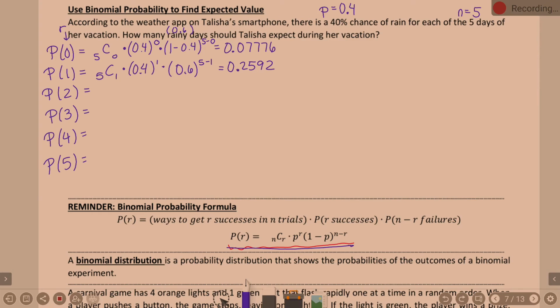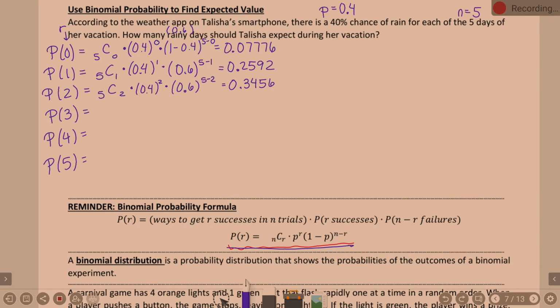That gives 0.2592. Repeat for 2 days: 5C2, 0.4 to the second, and 0.6 to the third, since it's 5 minus 2. I have 0.3456 written down.